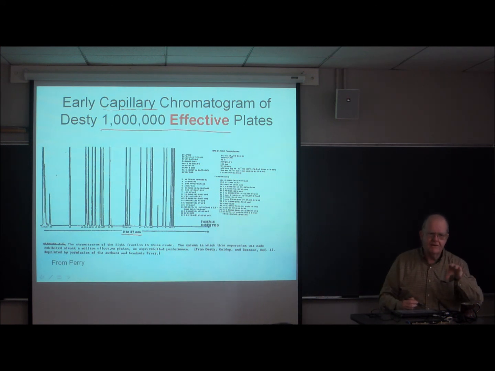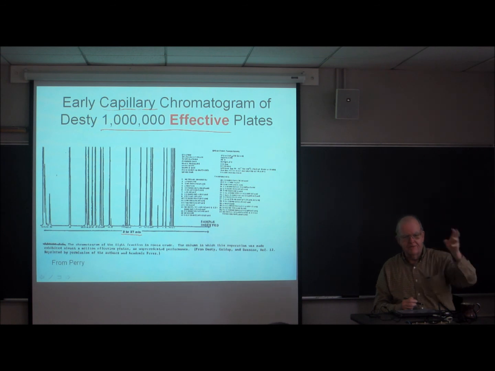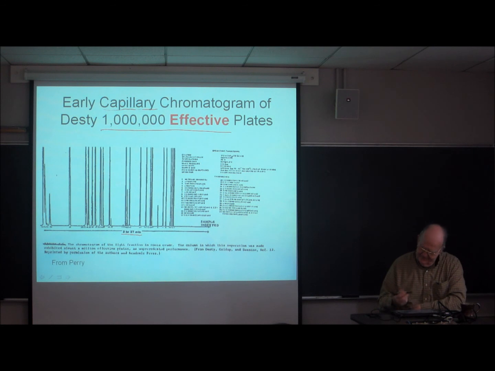Now remember, effective plates is smaller than plates because of the k-prime factor. This was a mind-boggling separation. He had to make his own column because there was no commercial supplier. He had to make his own detector. I think it was a flame ionization detector, which had recently been developed. And this is another mind-bogglingly good separation. And GC was on its way.